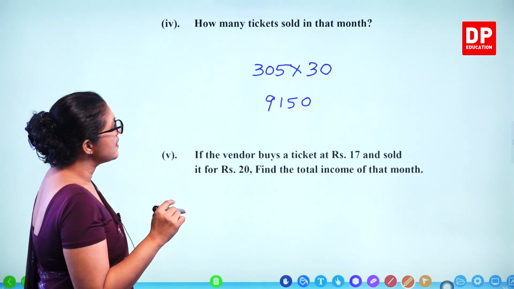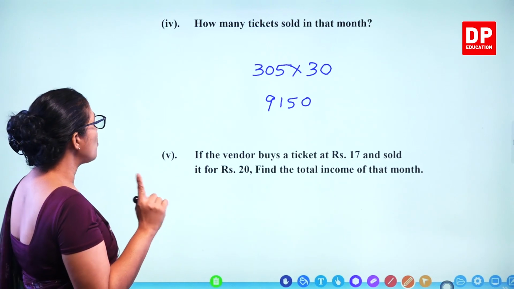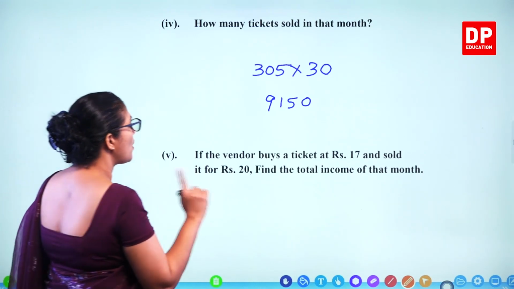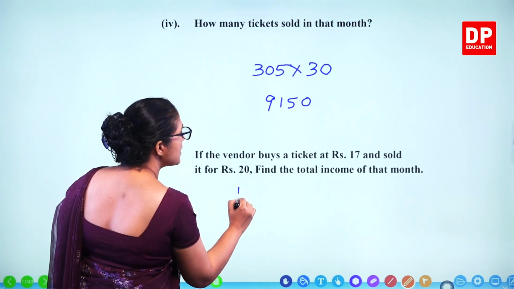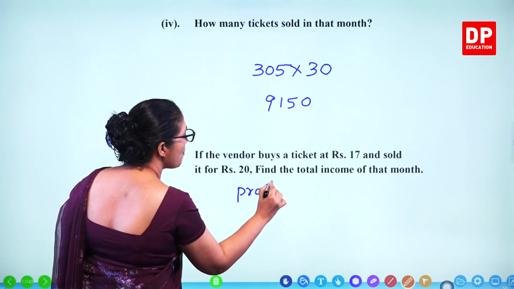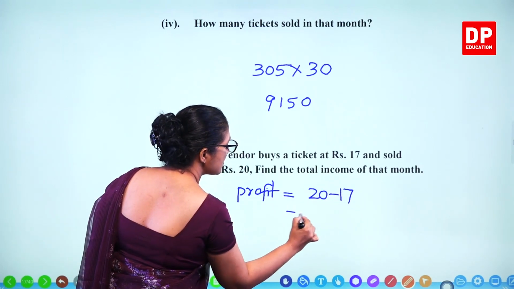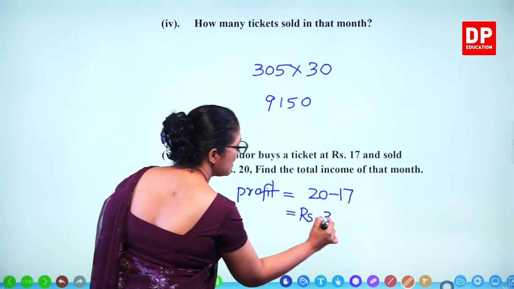If the vendor buys a ticket at 17 rupees and sold it for 20, find the total income of that month. So what's the profit? Profit per ticket is 20 minus 17. That's 3 rupees from the ticket.